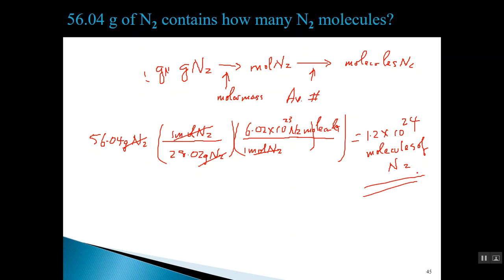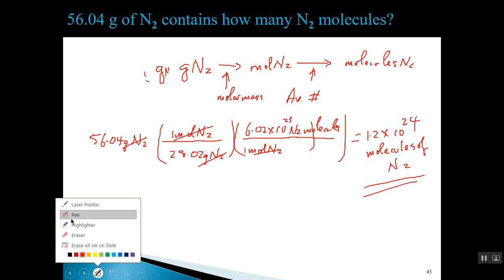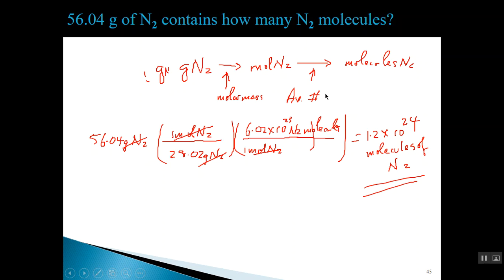All right, so in this particular example, I had to go through 2 conversion factors to go from grams of nitrogen to moles of nitrogen. So this is the conversion factor for that process. And then to go from moles of nitrogen to molecules of nitrogen, I have to use the conversion factor, which represents Avogadro's number.